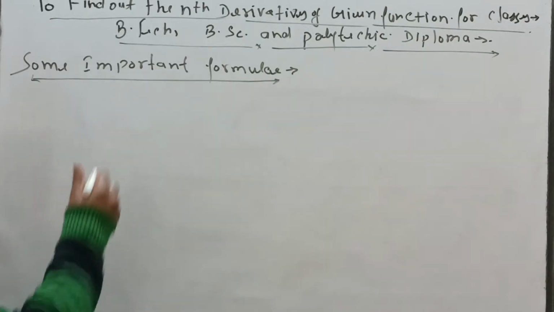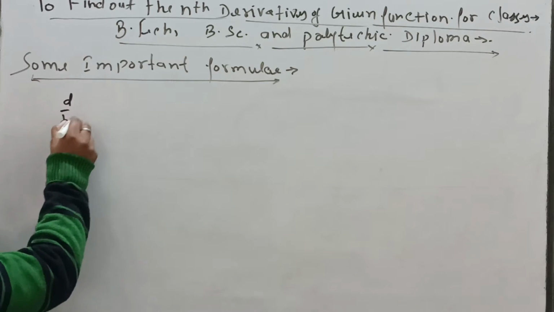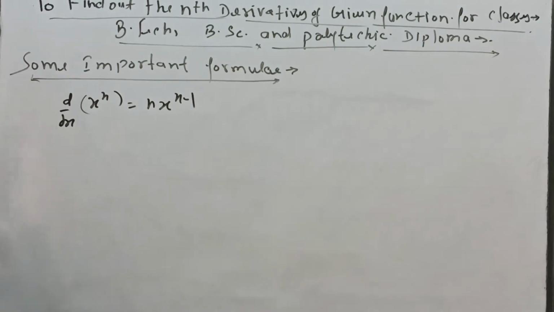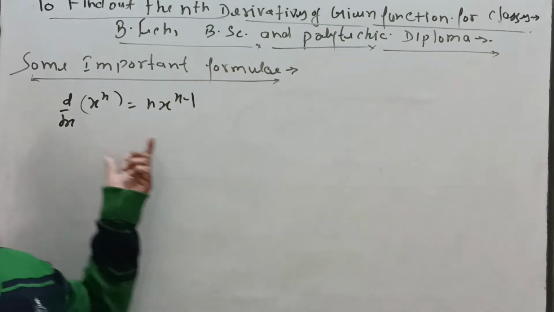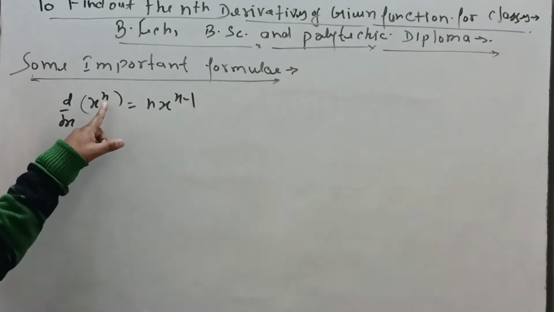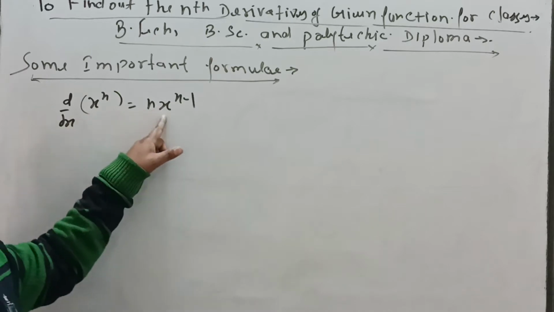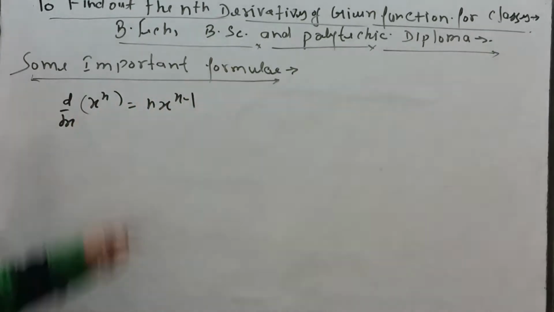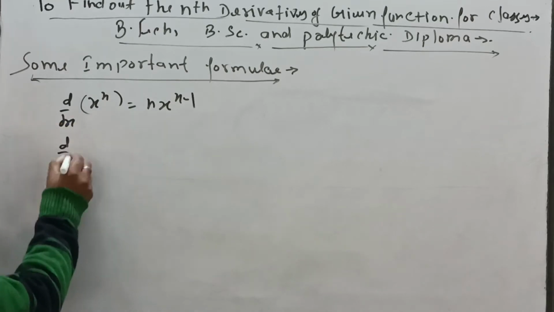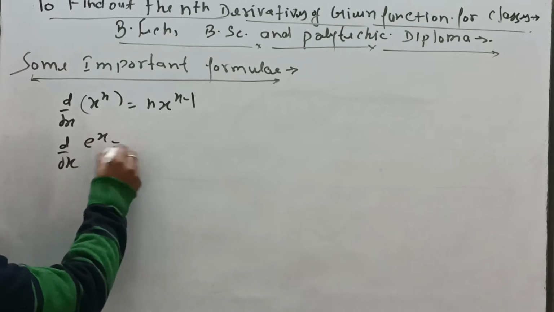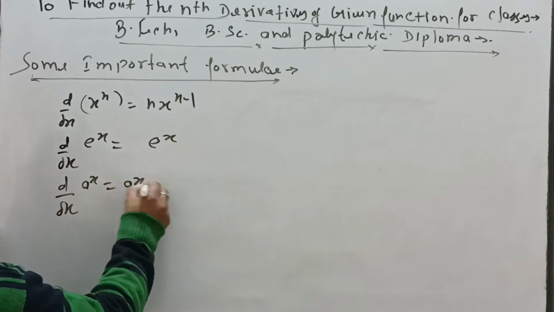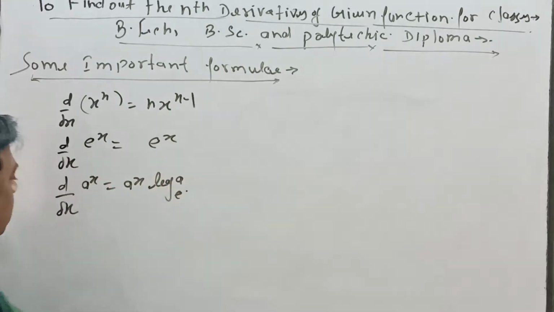So first, d over dx of x to the power n equals n x to the power n minus 1. You have studied this formula in previous classes 10th, 11th and 12th: the power n multiplies the function and the power is reduced by 1. d over dx of e to the power x is e to the power x, and d over dx of a to the power x is a to the power x log a base e.